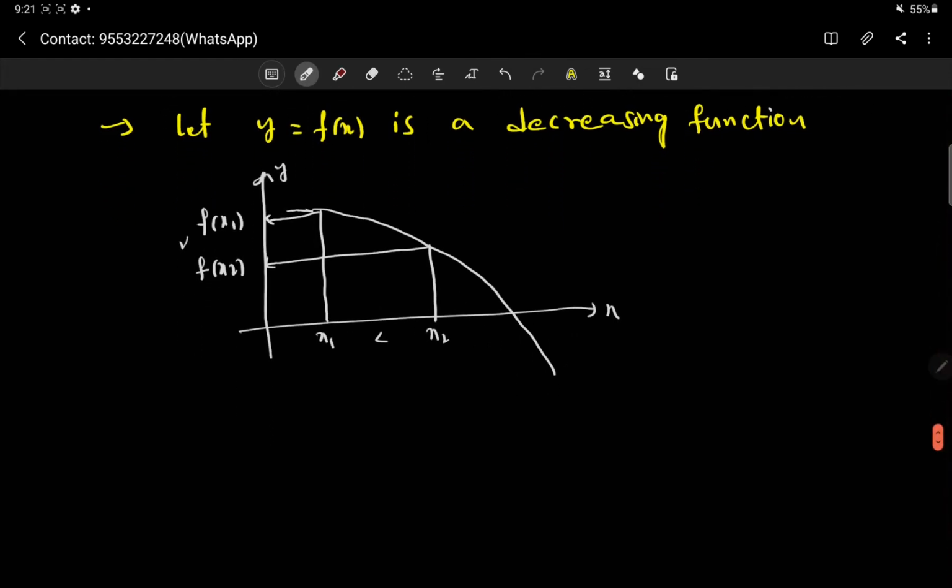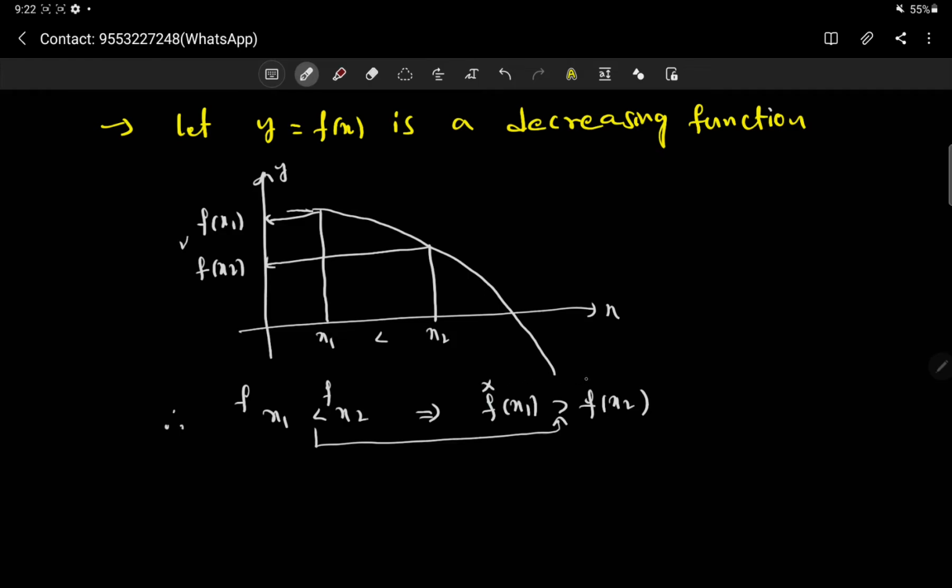So therefore here, x1 less than x2 implies f of x1 will be more than f of x2 we are getting. That means on taking f on both sides, that means on taking a decreasing function on both sides, inequalities will change. And on removing f on both sides, then also inequalities will change, right?